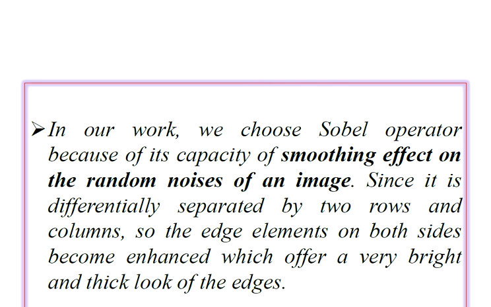Since it is differentially separated by two rows and columns, the edge elements on both sides become enhanced, which offers a very bright and thick look of the edges. So do remember that sometimes it may be asked why you are using the Sobel operator. Then the answer is that it has the capacity of a smoothing effect on the random noise of an image.